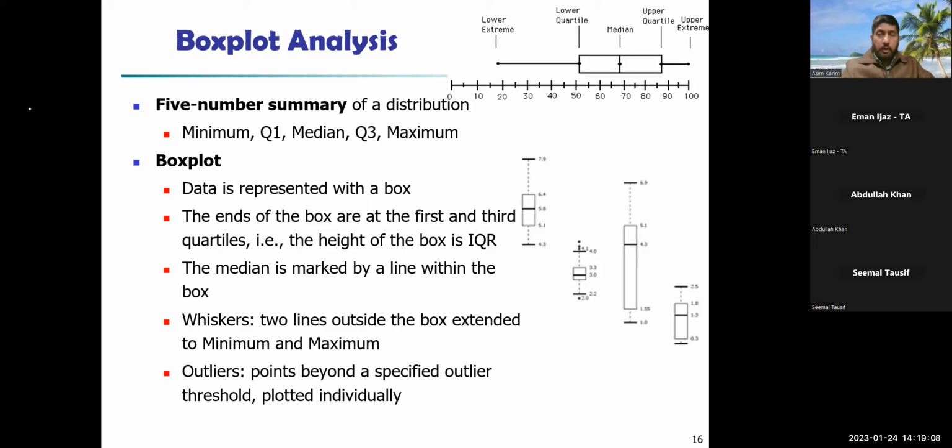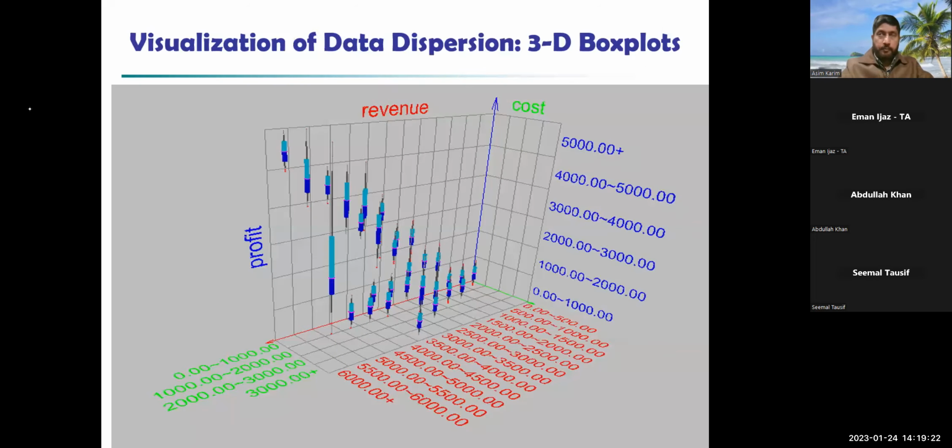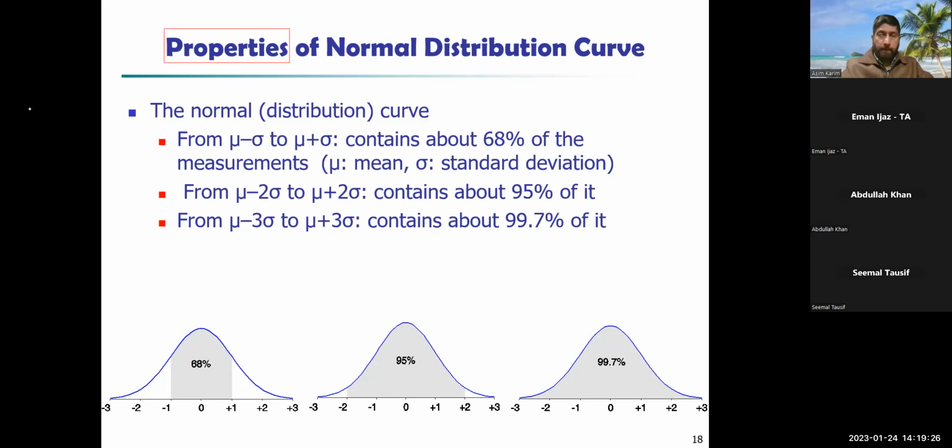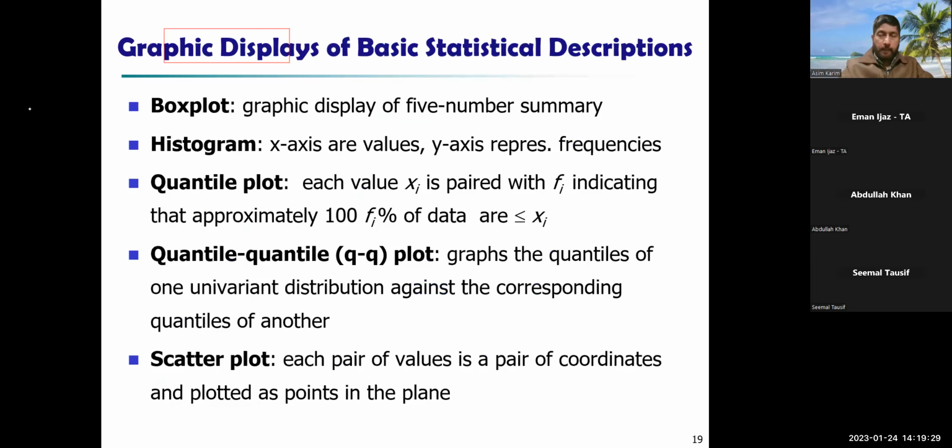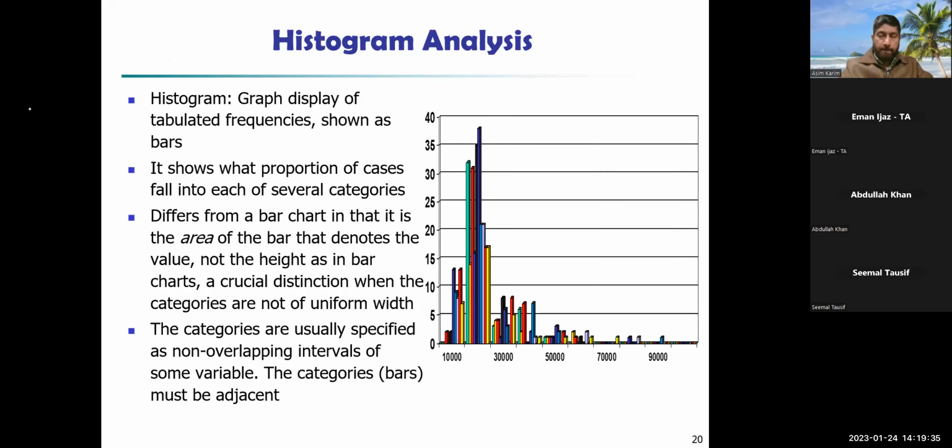Okay, then we can plot histograms as well. Histograms are more detailed. You can develop intervals and plot the count, as well as the frequency of the number of values in each interval. So histograms basically are bars.